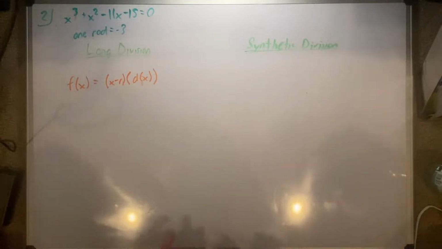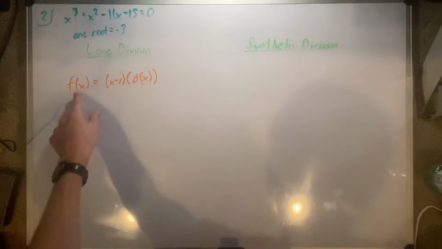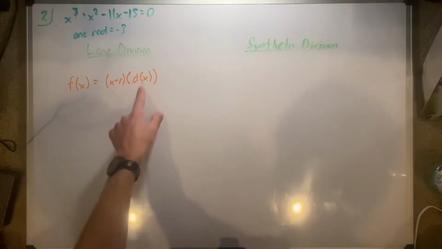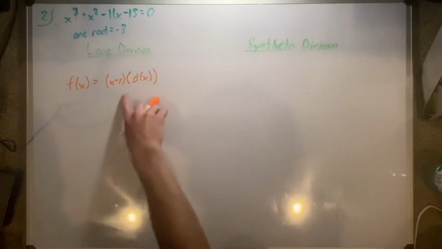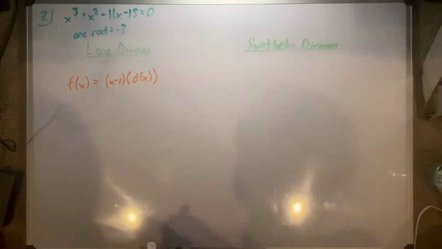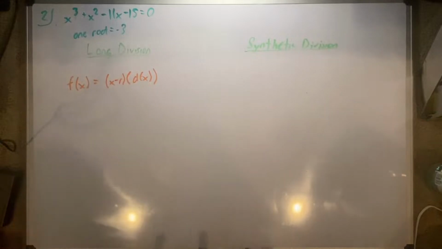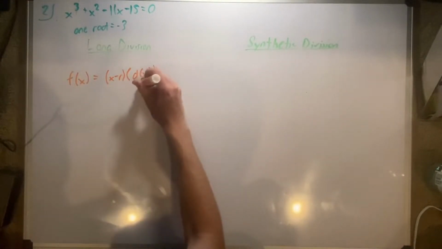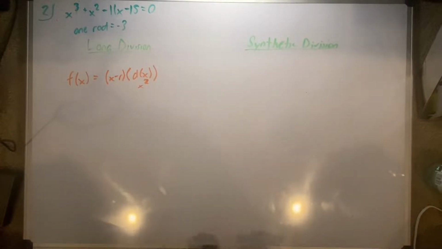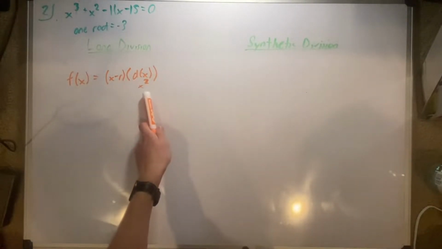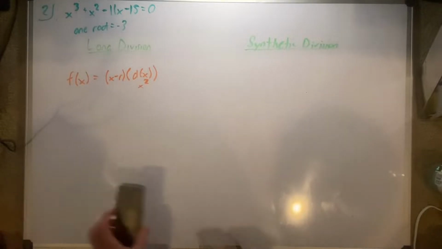So basically, if we divide f of x by x minus r, we'll get d of x. And if we notice here, this x minus r only has a multiplicity of 1. This function initially would be degree 3, so it would have a 3. And then this d of x would have the greatest term x squared, which is perfect because we know already how to solve quadratics.